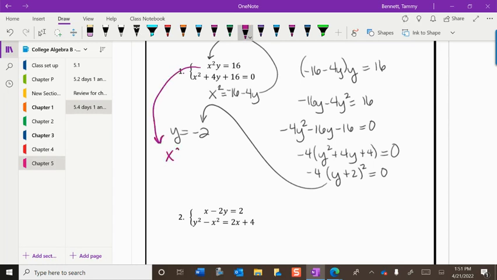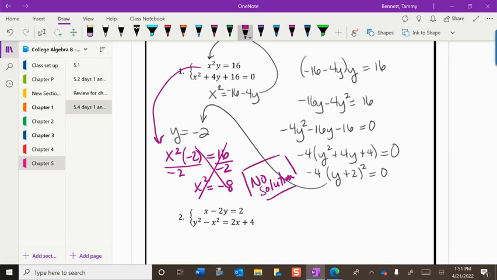So then I have x squared times negative 2 is 16. So I'm going to divide both sides by negative 2. So I get x squared is negative 8. Is that possible? Nope. So this is no solution, which means the two graphs do not meet. So let's look at that.